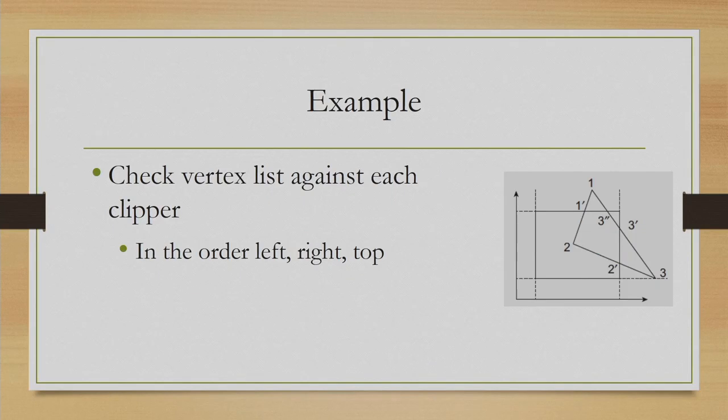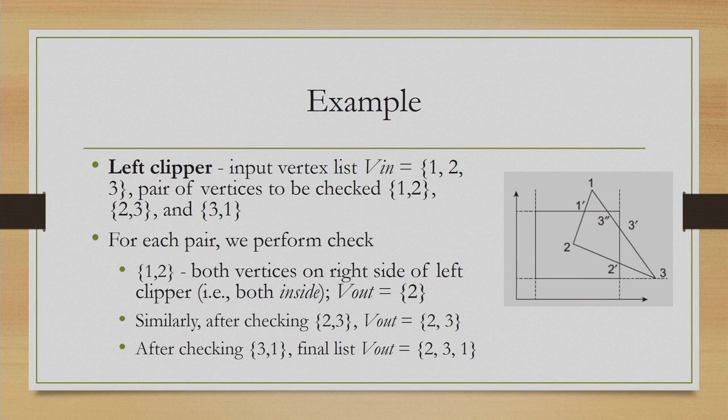At the beginning we start with the left clipper, then we check against the right clipper, then the top clipper and then the bottom clipper. Let us see what happens after checking against the left clipper.